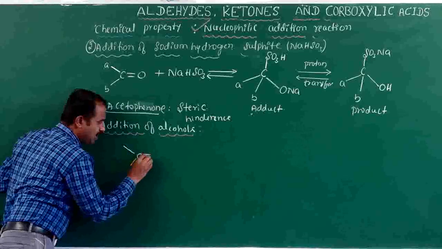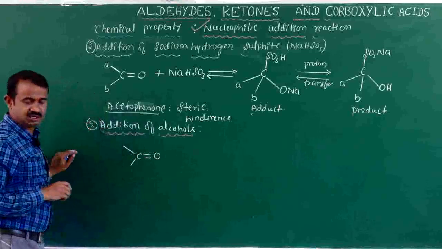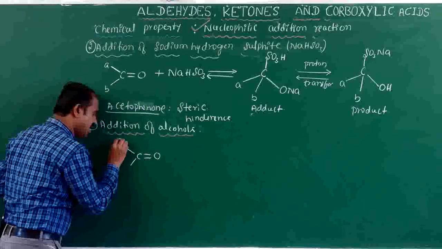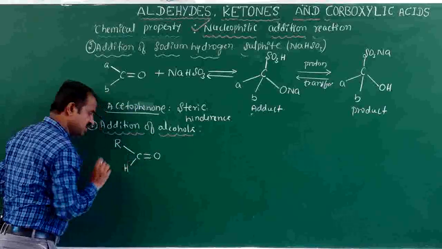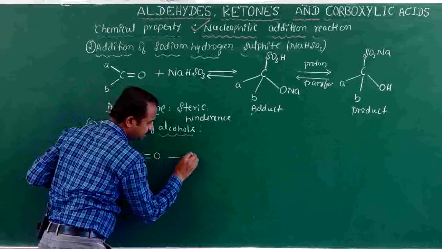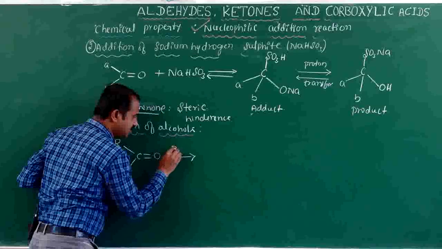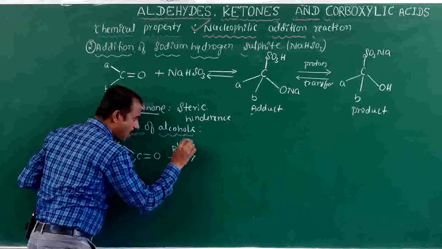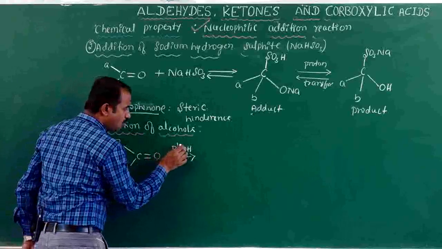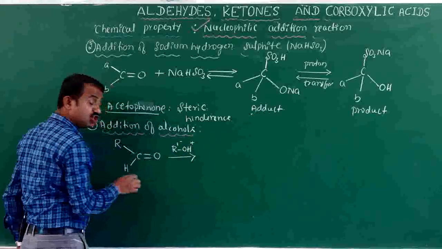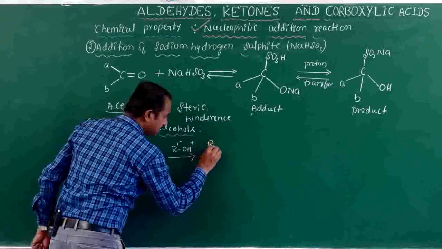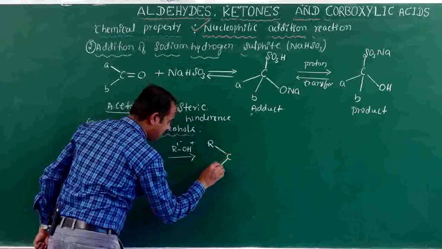Suppose for an aldehyde I take R, H. The aldehyde reacts with alcohol, RO minus H plus, in a nucleophilic addition reaction. Here the product is a tetrahedral intermediate.